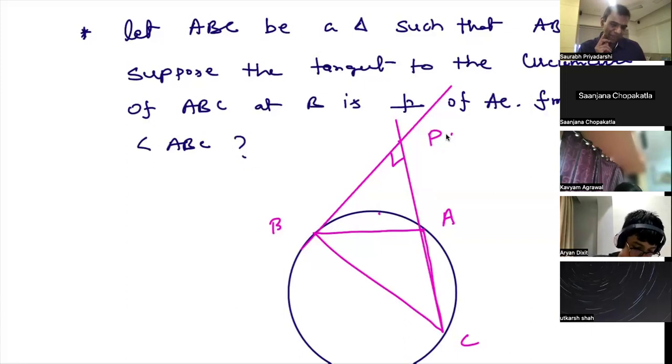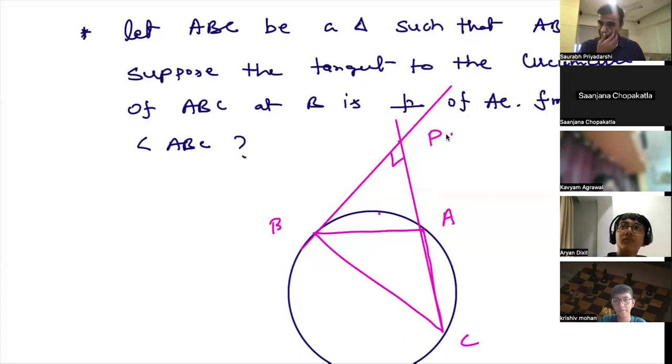Yes, sir, but I have to find B. Sir, if angle A is 90, then B will be 45. But in triangle ABP, there is already a 90 degrees, so it's not possible in BAC.